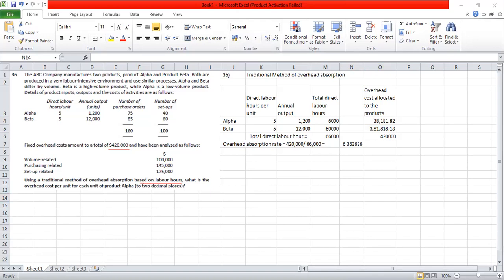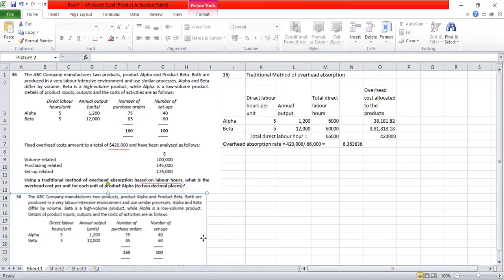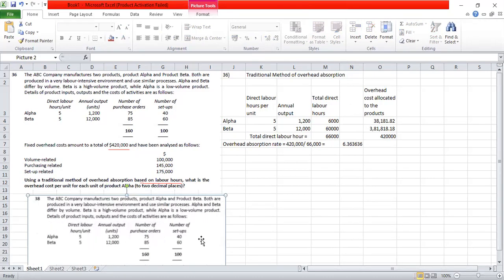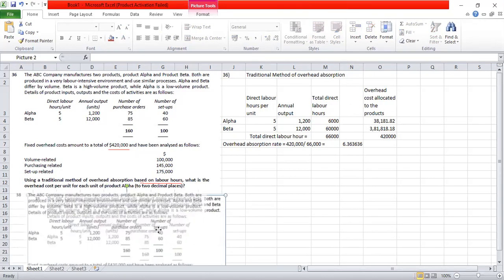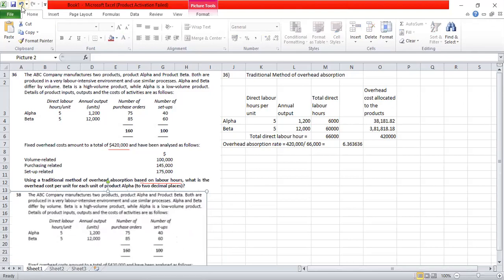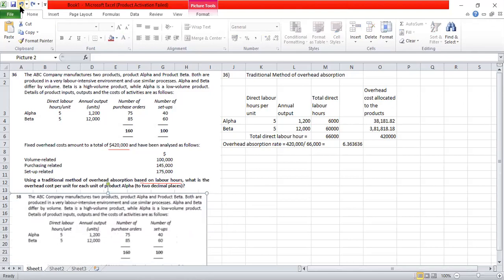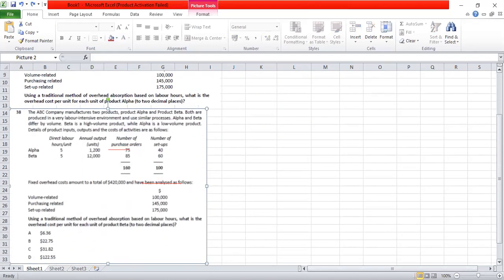Question number 38 talks about, I brought question number 38 also into this file. What is asked in question number 38?